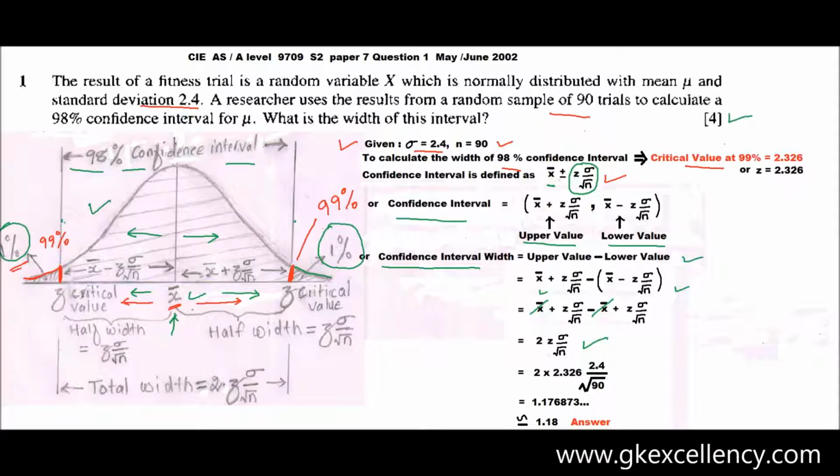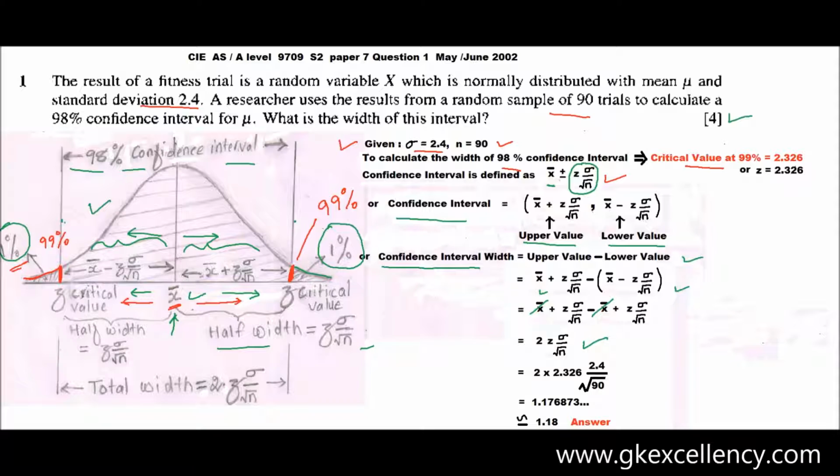They are asking me to calculate the full width, because this normal distribution curve is symmetrical in nature, so once you take the half width, you can multiply by 2.